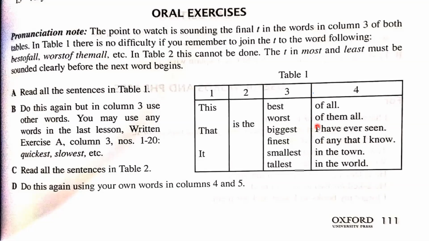Here you cannot use the comparative, because as I told you, the comparative degree is used with two people for comparison, like Ali is better than me or he is better than you. But when we use the superlative degree, we compare with the majority of the class, of the school, of the city. So, dear students, this is what we have, and we have another table, table 2, as well. It is given to read all the sentences in table 2. Have a look.